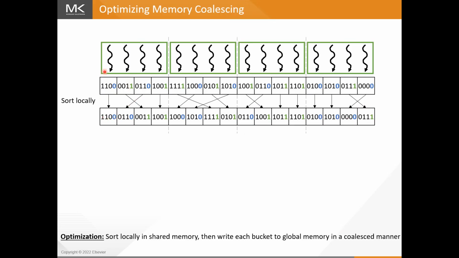And in this case, adjacent threads will be writing out adjacent elements into the same bucket. And we're only going to have one case in the middle: if these buckets happen to not fall on the boundary between 2 warps, we're only going to have one warp that would be writing to 2 different places. But all the other warps will be writing to contiguous locations in memory.